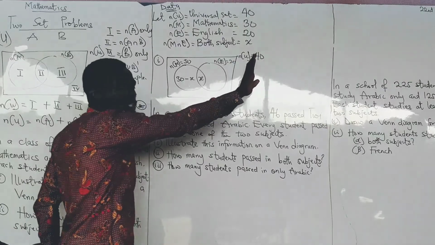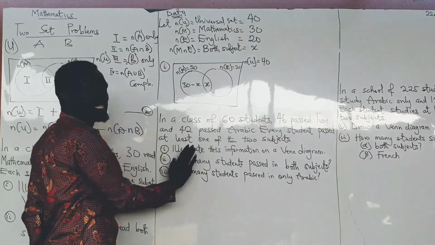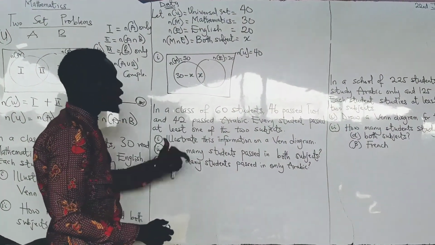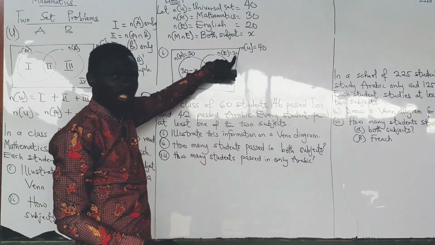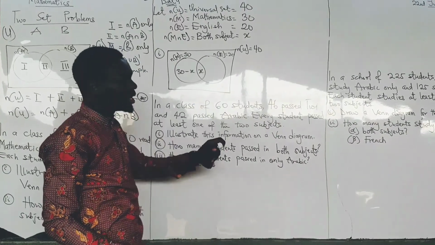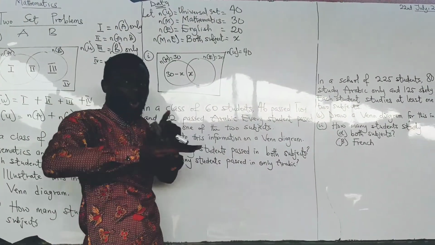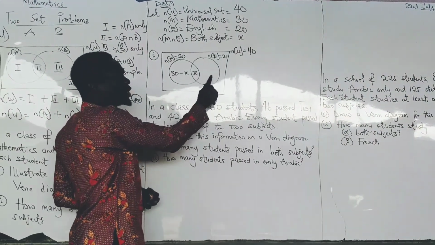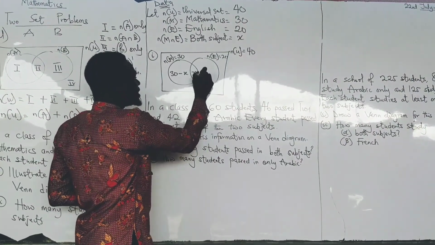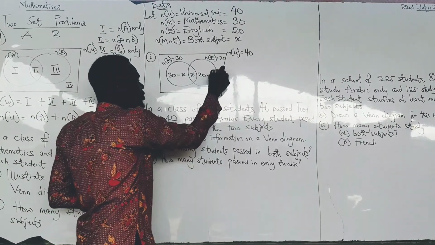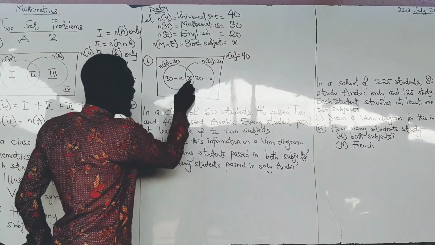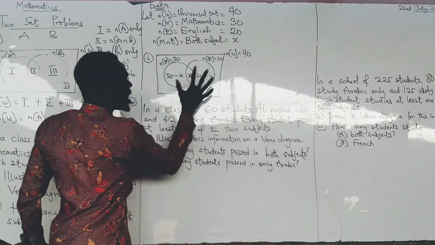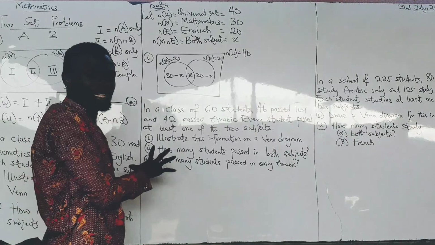So we will take that portion off to get the M only. So now M only is 30 minus x. Also, when you come to the 20 for English, the question did not state that 20 read English only. That is why we wrote it at the top here. So to get the English only, we also drop the 20 in the only section, then we subtract the x from it, because the x here has chopped into the portion of the 20. And now we have this as our Venn diagram.